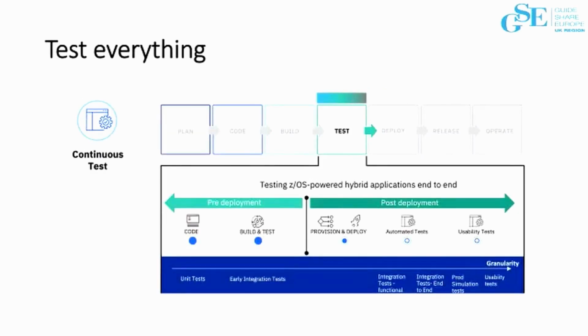Then test. Continuous testing is a key part of DevOps: being able to test at every stage of the process as code is promoted from development to test and into production.